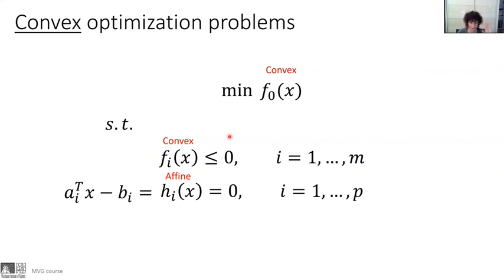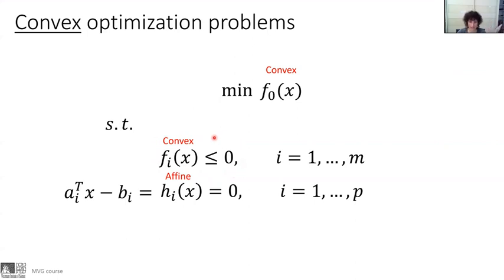Actually, this is the situation. The objective is convex, and we would like to have an intersection of convex sets in the feasible set. So if the function is convex, I know that the sub-level set, for example of 0, is going to be a convex set, due to what we just discussed before.